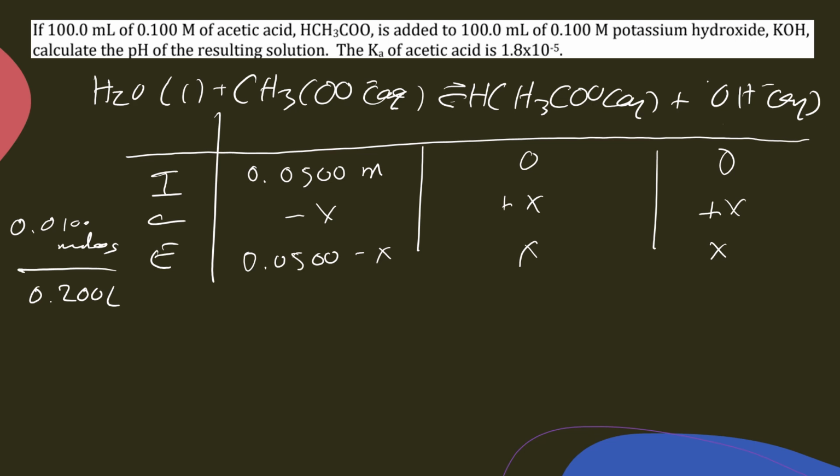Since this is a base we're looking at, we need to find the K sub B. We're going to assume that this is at 25 degrees Celsius. So the K sub B equals your KW over KA. The Ka you're given in the problem, and K sub W is always 1 times 10 to the negative 14 at regular temperature.